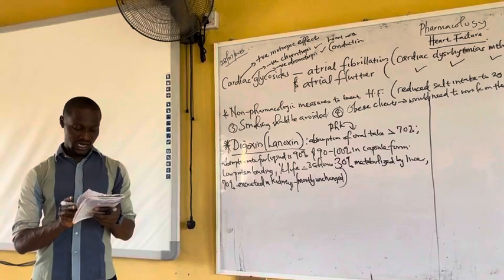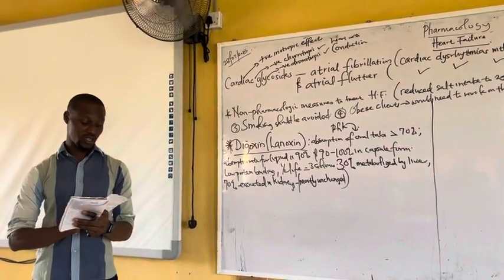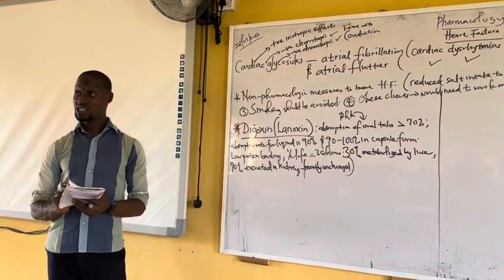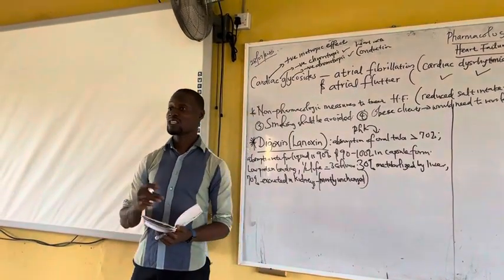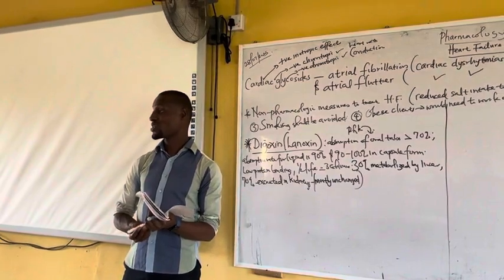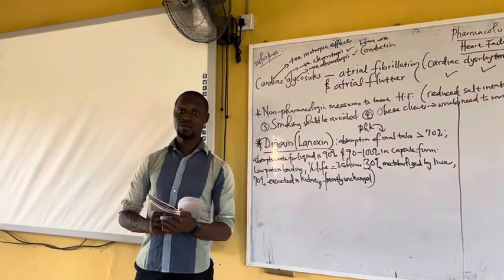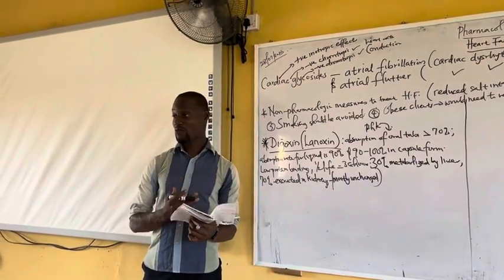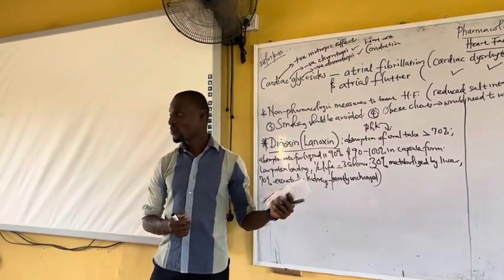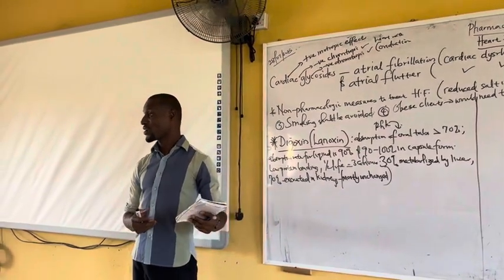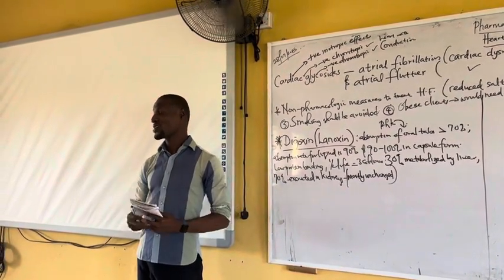Note, kidney dysfunction can affect the excretion of digoxin. I think we've explained this before, that once a patient has suboptimal kidney function, the kinetics of that drug will be affected. So, in heart failure, one of the problems the person has is suboptimal kidney function.